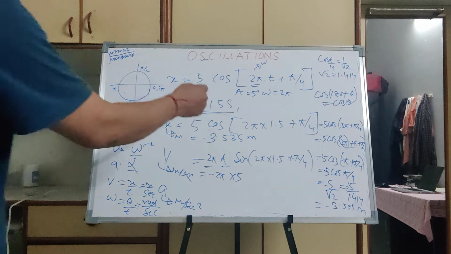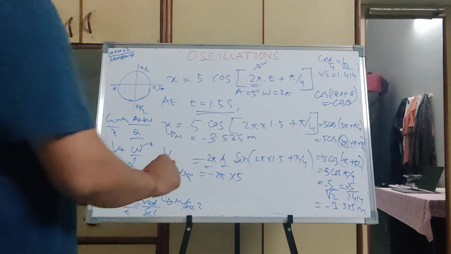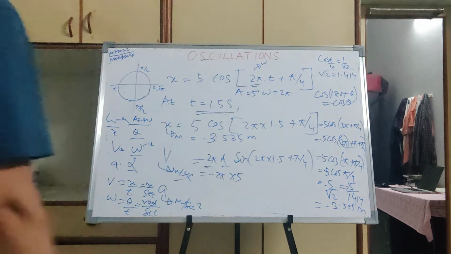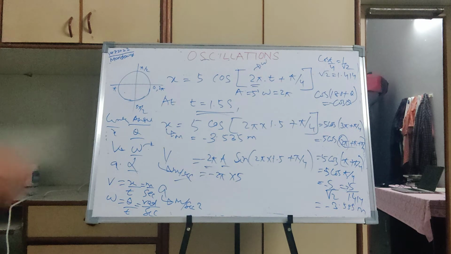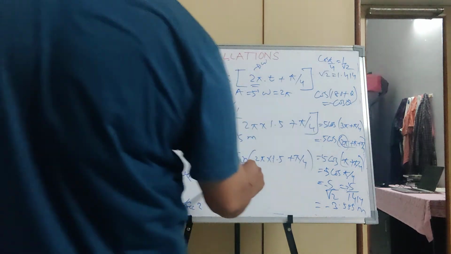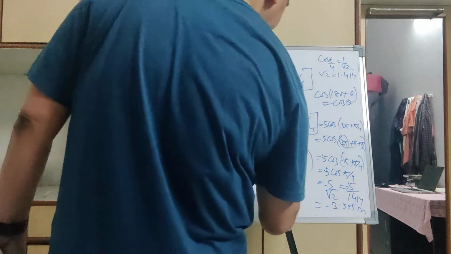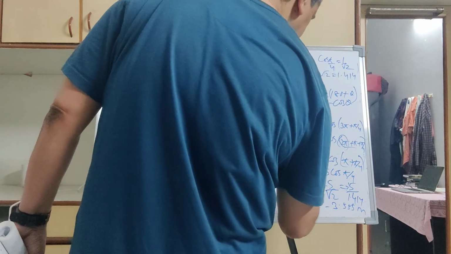In this case, this omega is 2 pi radian per second. Now for the velocity, what is the velocity at a time of 1.5? You replace A by 5, then write sine, then this becomes 3 pi plus pi by 4.